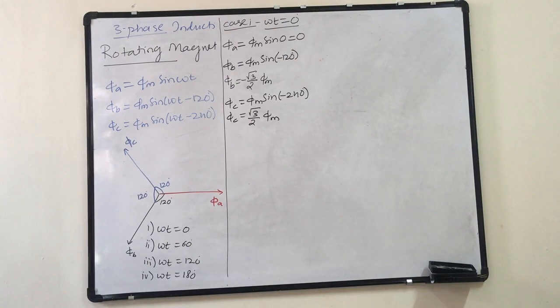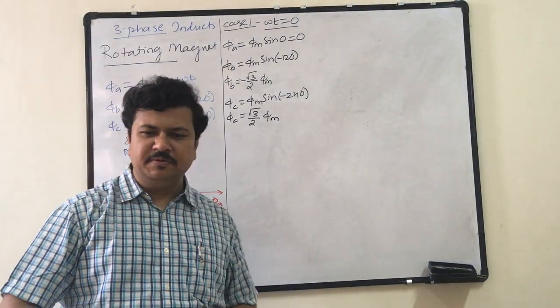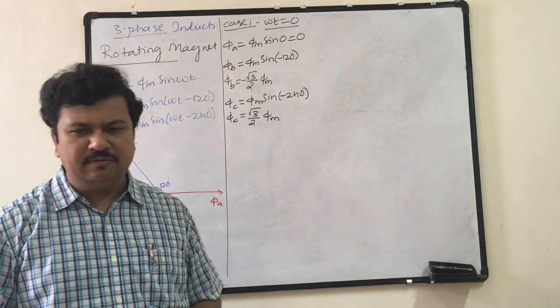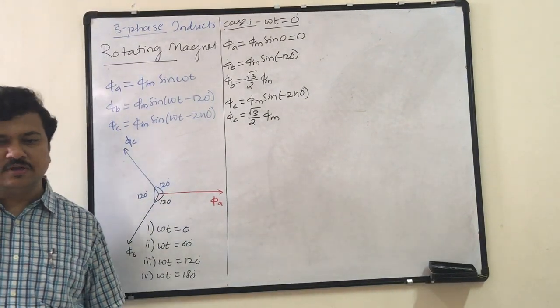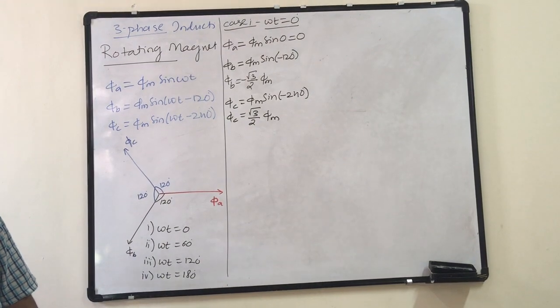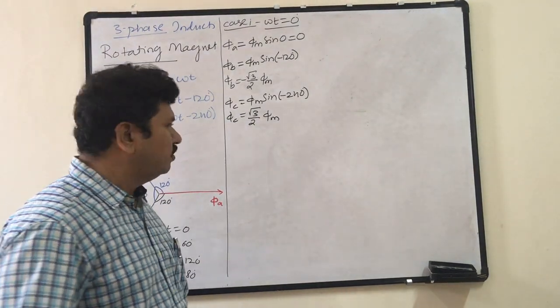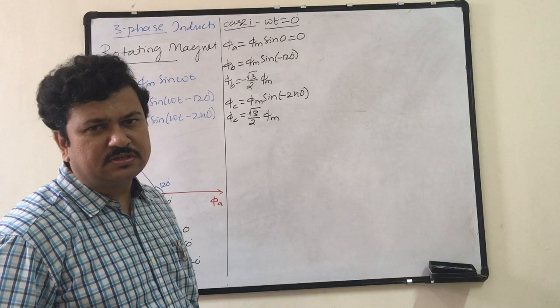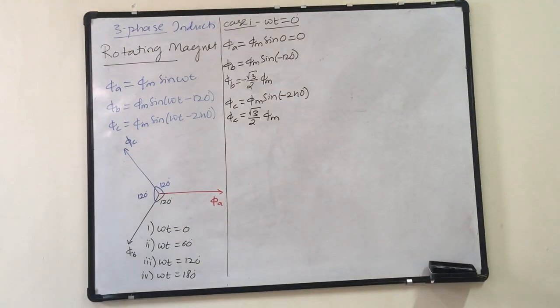So when I say the three fluxes are interacting with each other, it means I will simply add the vectors of the three fluxes to get the resultant in the space.